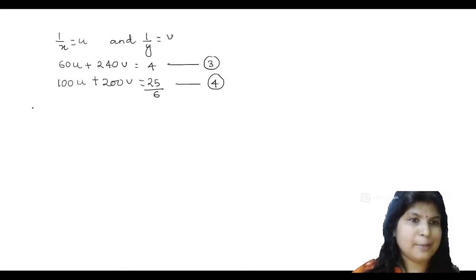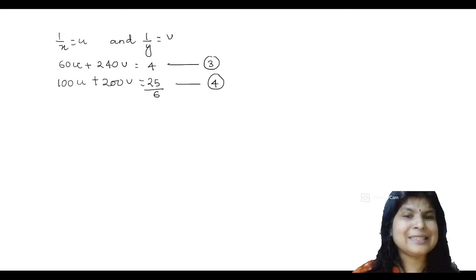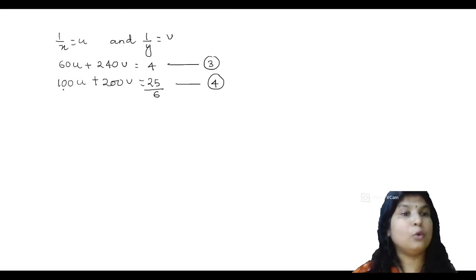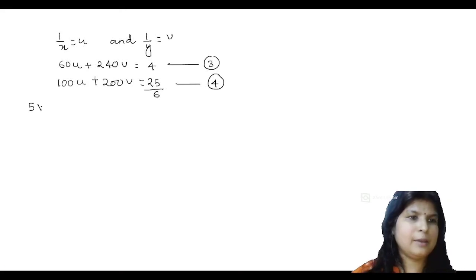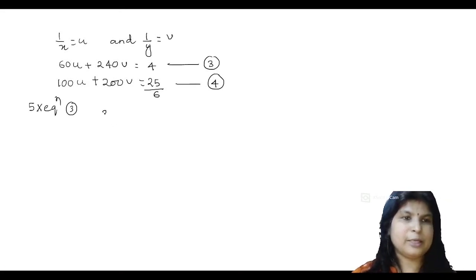So I am multiplying 60u with 5. Okay, so 5 into equation 3. So if you multiply, it becomes 300u plus 5 into 240, it is 1200v is equal to 5 into 4, that is 20.